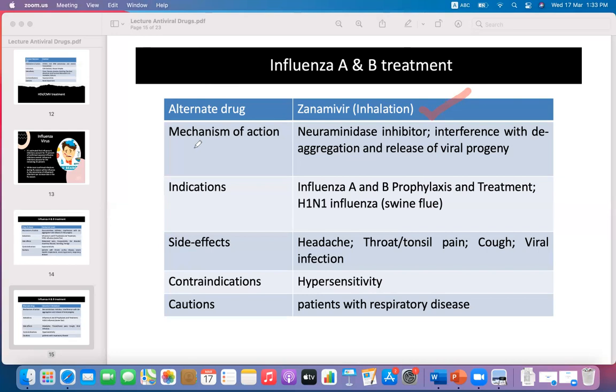What is the mechanism of action? Neuraminidase inhibitors interfere with the aggregation and the release of the viral progeny, same as oseltamivir. Indications: for the treatment and the prevention of influenza A and B, and treatment of the swine flu, we can say H1N1 influenza.